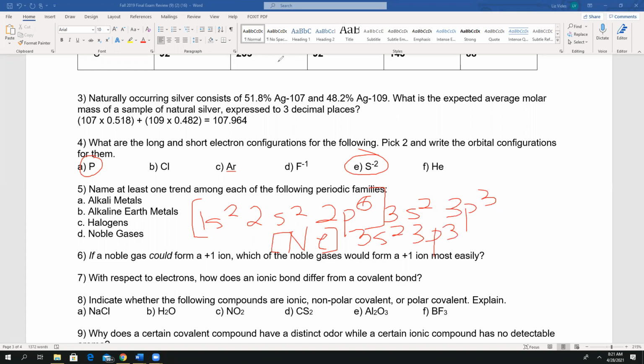The last thing is to do the orbital configuration. For that, you have to write it. Let me see where I'm going to write it, because I guess up here. Okay, for this one, this is your 1s, right? Your 2s. Your 2p is these. This is your 3s, and this is your 3p.